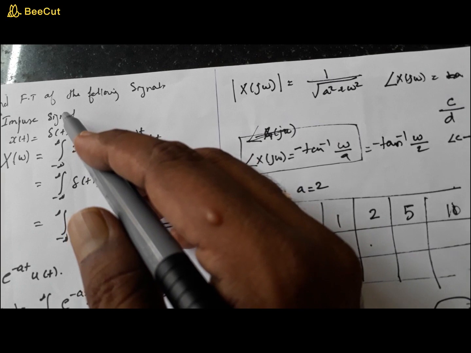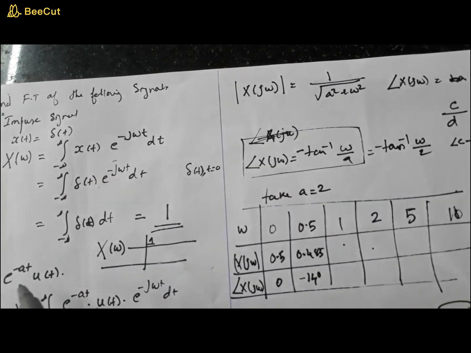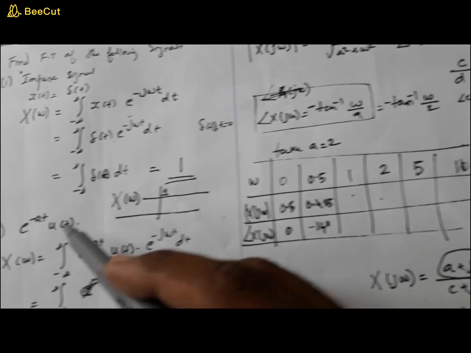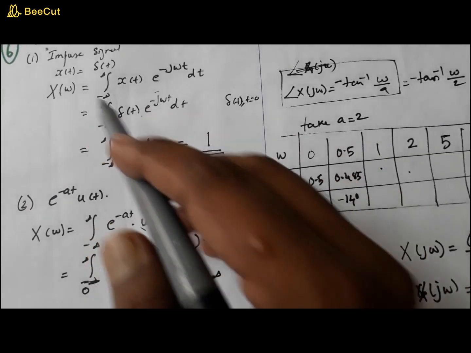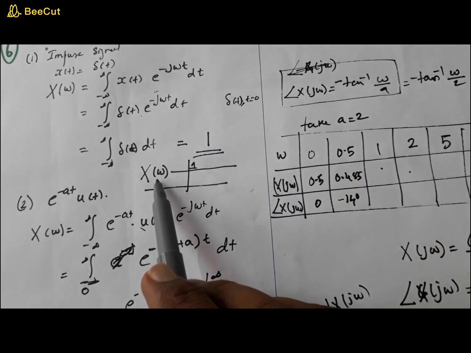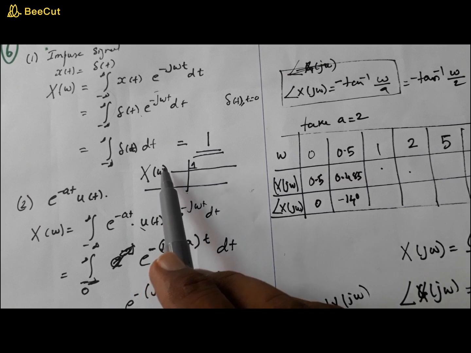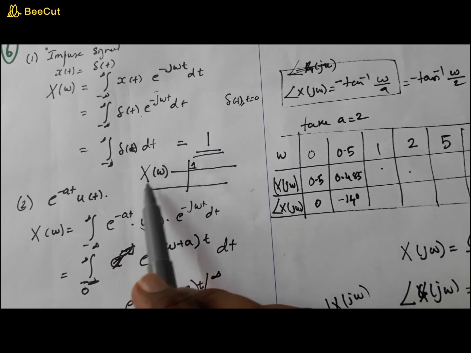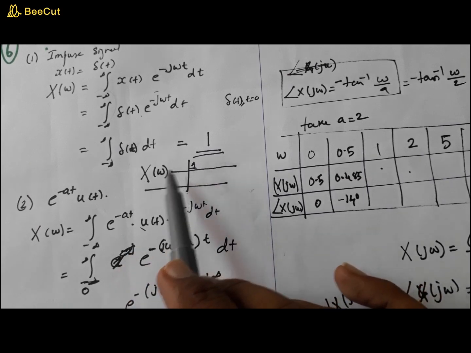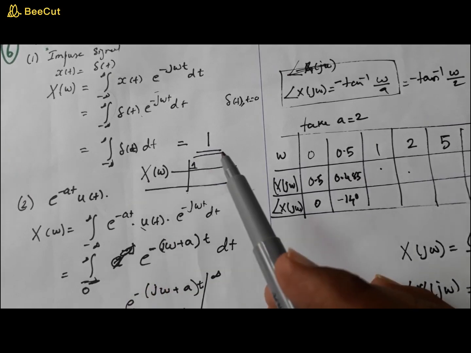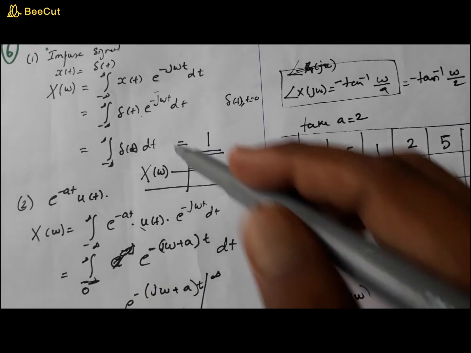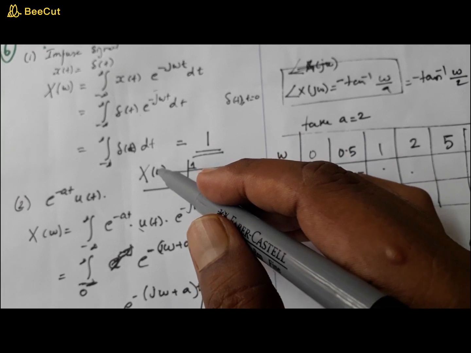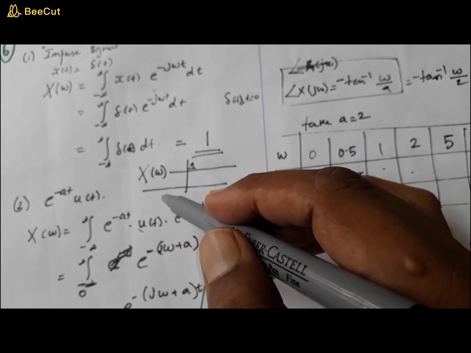We found out the Fourier transform of the impulse signal and e raised to minus at into u of t. The importance of this is finding out X of omega, which can be a complex number. So it has a magnitude and an angle form, as I have specified already. Now you can have the amplitude spectrum and the phase spectrum.